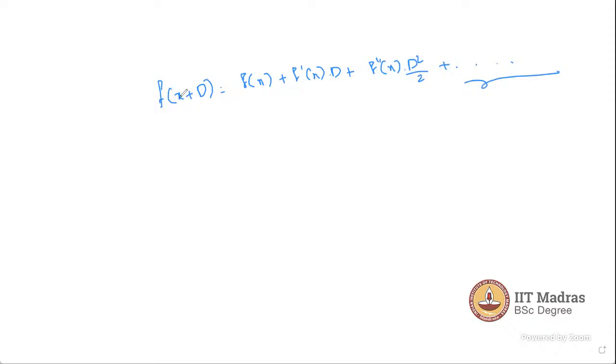Here f of 6 is given, f dash of 6 is given, and f double dash of 6 is given. Can you tell me those values? f of 6 is 3 and f dash of 6 is half. f double dash of 6 is 2.